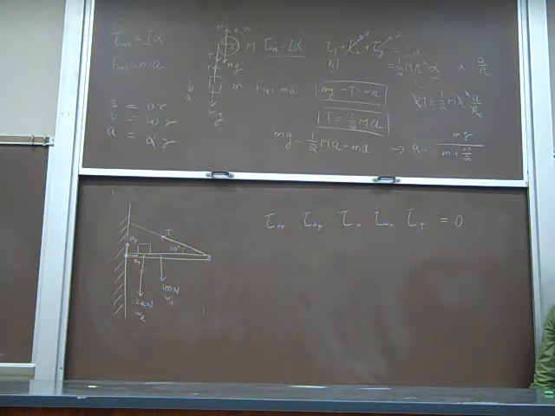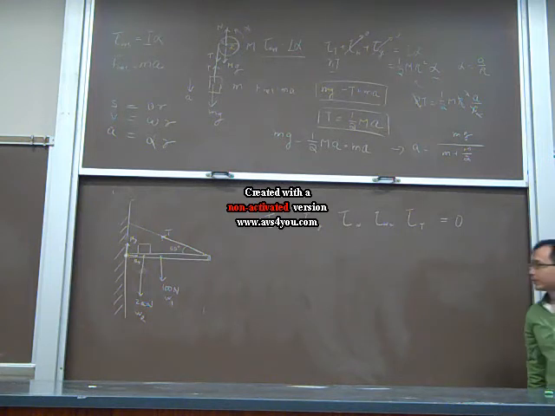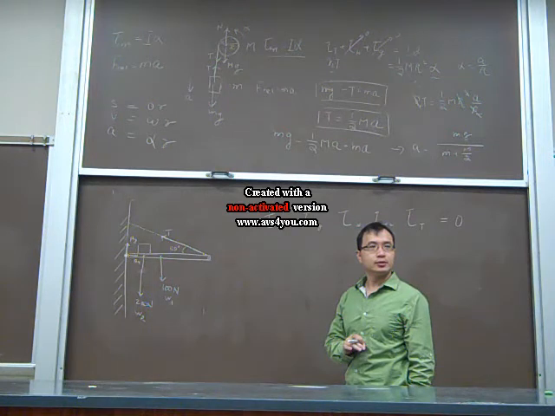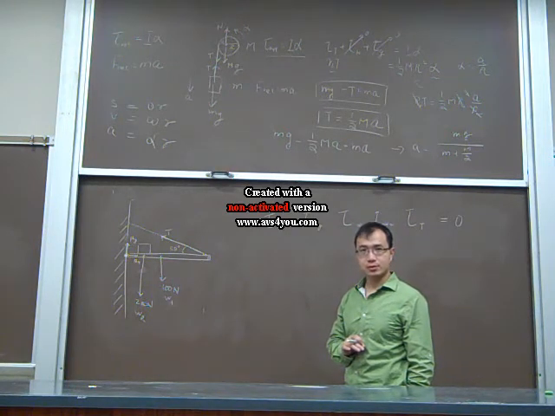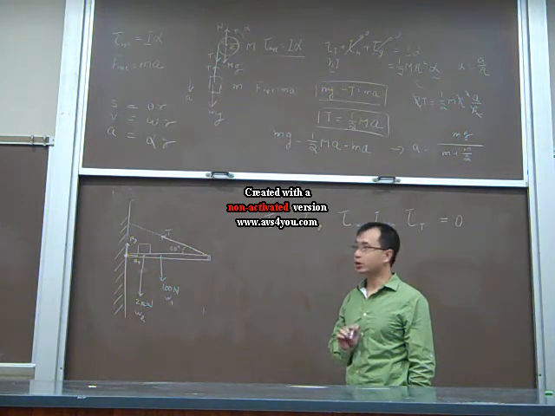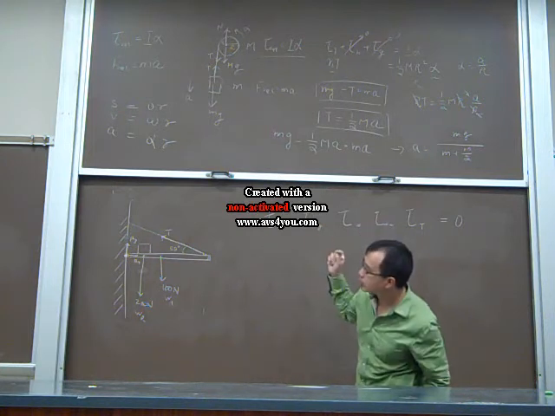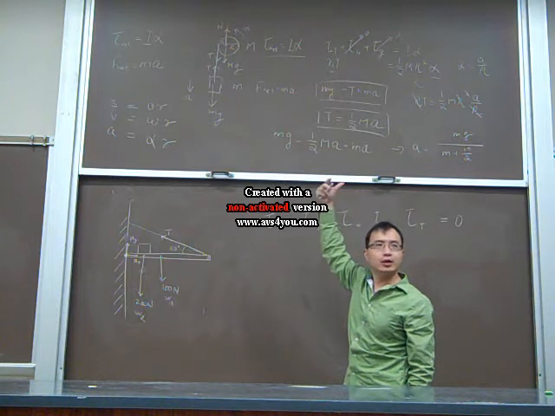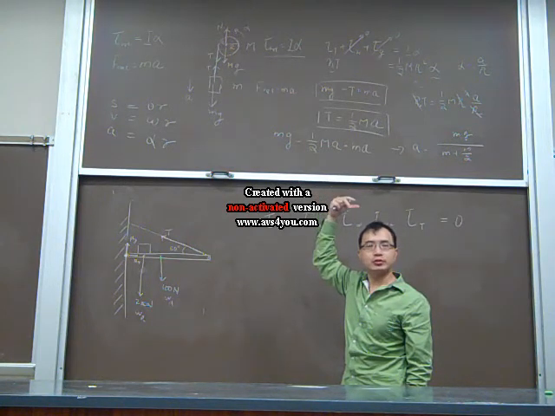Now, what we are going to see is, let's try to identify 0 torques. How can I identify 0 torque? Remember what we saw there? What kind of force will always produce 0 torque?